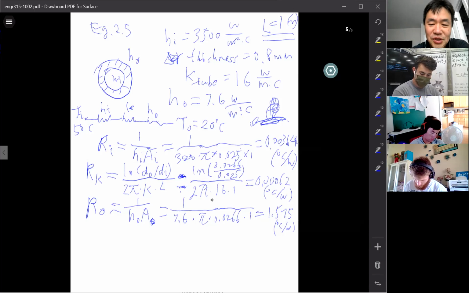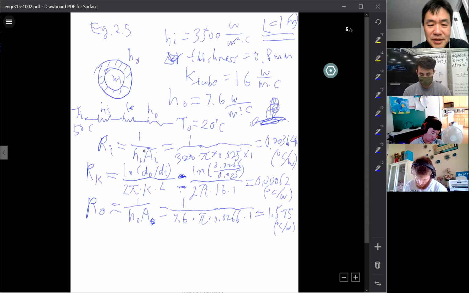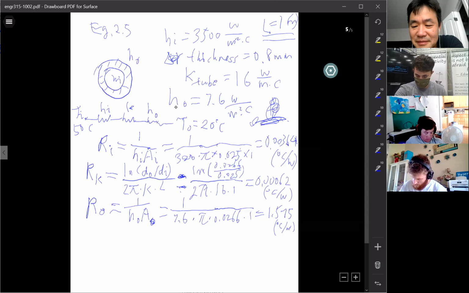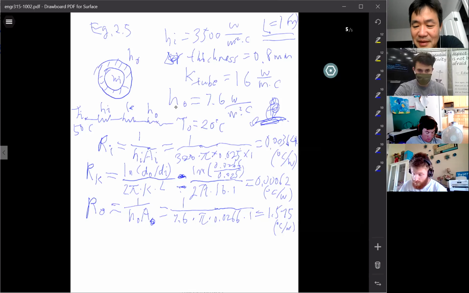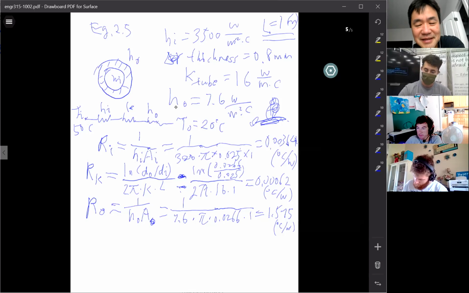So before I continue, let me ask you. Now you see these 3 resistances here. In the entire system, you have 3 resistances. Which one is the dominant resistance? The control resistance. The smallest or the largest?